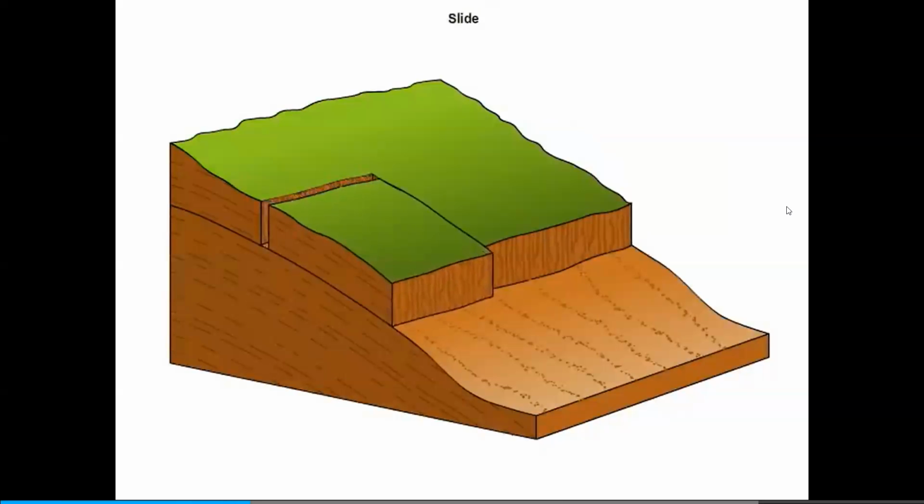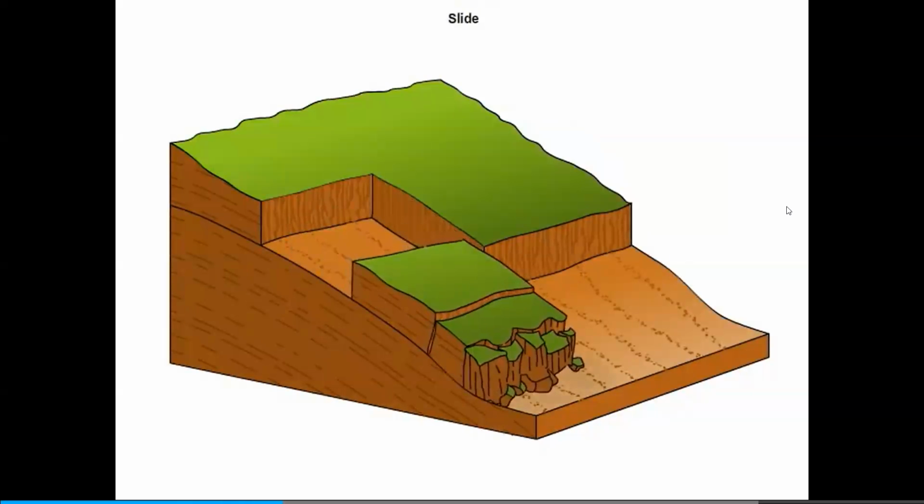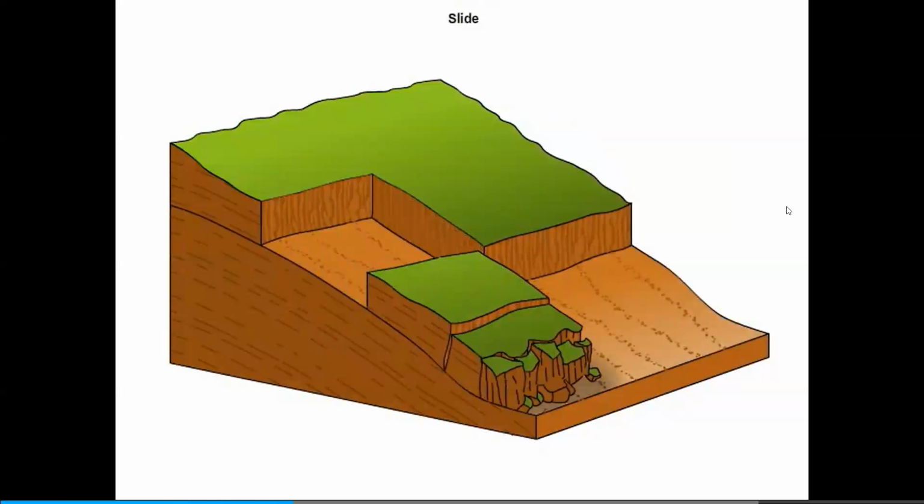In the mass wasting process of slide or landslide, a section of hillside fails and large blocks of weathered rock slide downslope. Some landslides are triggered by heavy rain, which adds weight to the weathered rock and may reduce the coherence of soil particles. However, in many cases, a slide consists of dry material.